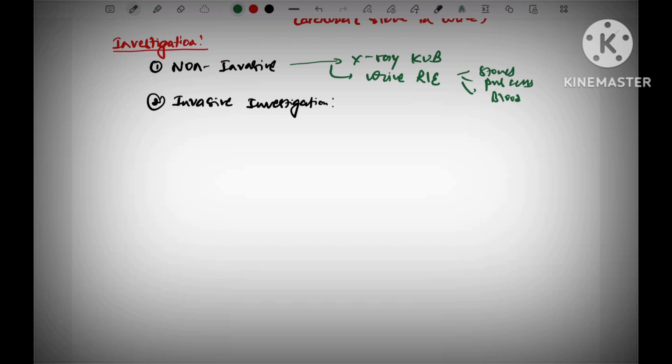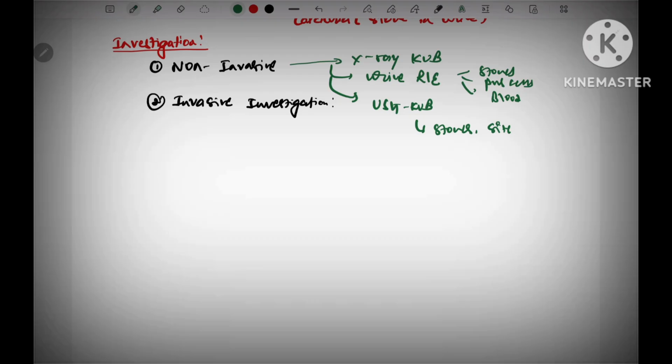Then what can we do next? We can do the USG KUB. In USG KUB we can find the shadow of the stones. From USG KUB we can diagnose radiologically that the patient is having stones, and what is the site.